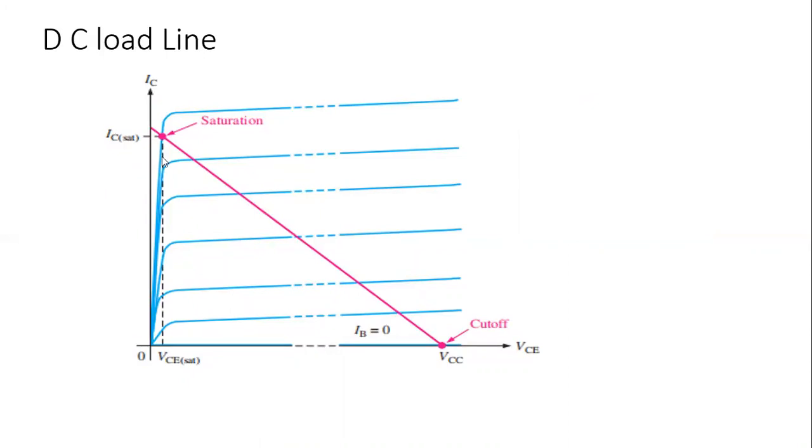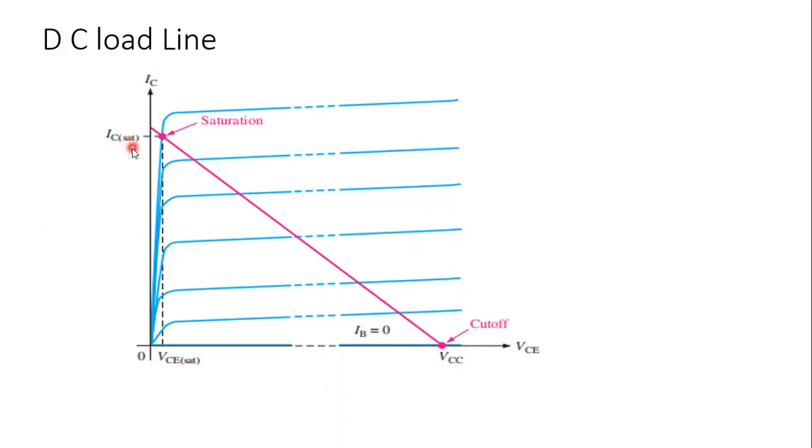A DC load line, this is a new concept. DC load line will be helpful for understanding the advanced biasing circuits, that is fixed bias and voltage divider biasing. So here what you happen to see, this straight line is drawn by taking the intercepts, that is 0 and IC, and 0 and VCC.